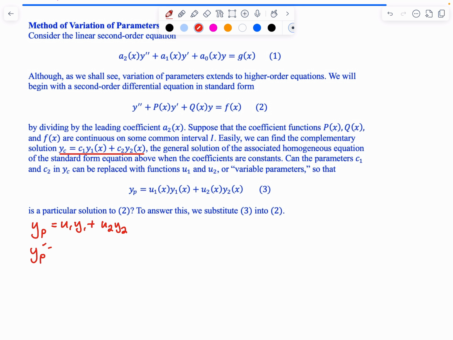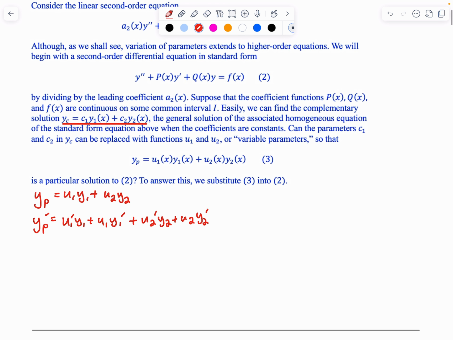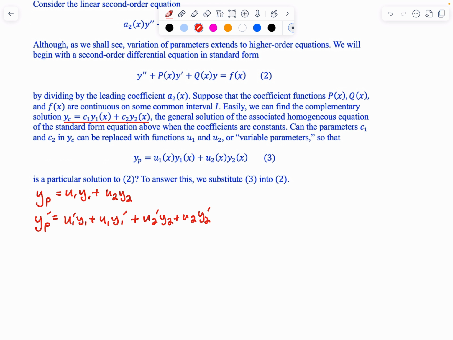All right, so the first derivative, I'm trying to remember to write small. I got U1 prime times Y1 plus U1 times Y1 prime. That's just the first set, and then U2 prime times Y2 plus U2 times Y2 prime. All right, and then we have to work all the way to our second derivative. So unfortunately, this next part is going to have 4 product rules.